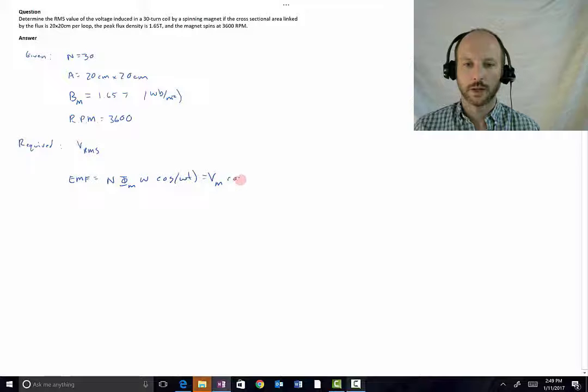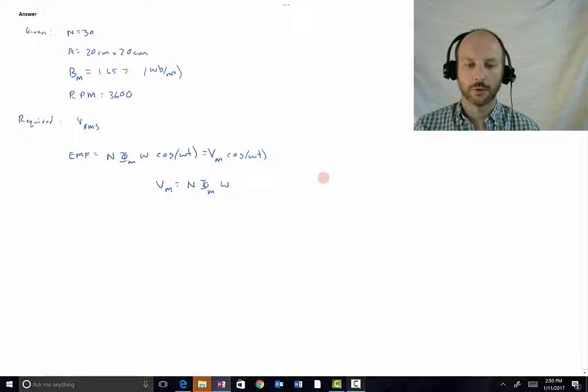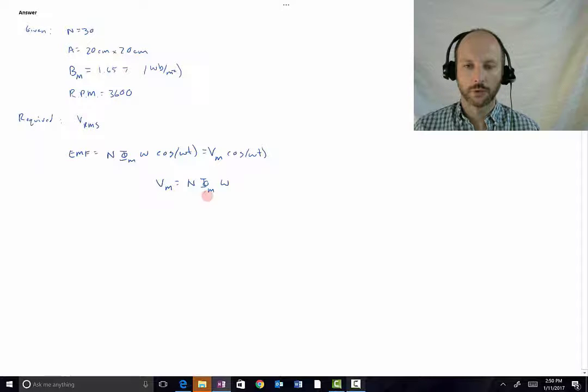And the product of N, phi max, and omega is the max voltage. So we multiply those three together and we get a peak voltage. So that's what we'll do. We'll solve for that peak voltage or the max voltage, and then we'll convert from peak to RMS.